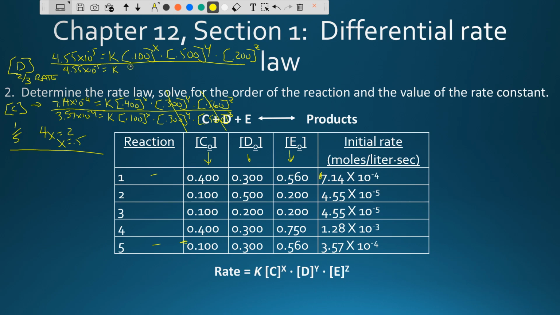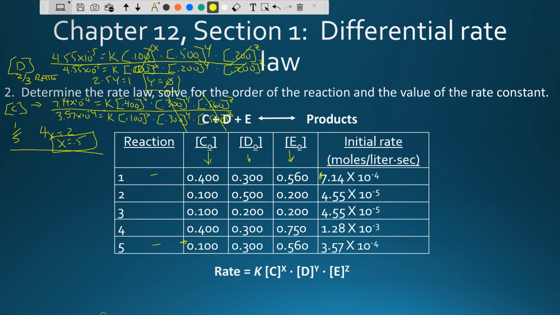That's going to equal k, and this ends up being 0.100 to the x, that cancels. This is a 0.200 to the y, and this is a 0.200 to the z. Those will cancel. So if I'm looking at my d value, this is 2.5y equals 1. So what does that mean? Y equals roughly 0.